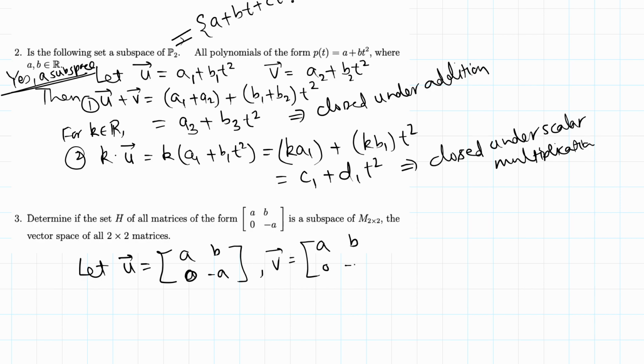They have to be different, so we call them A1, B1, 0, negative A1 and A2, B2, 0, negative A2. Let these be coming from H.